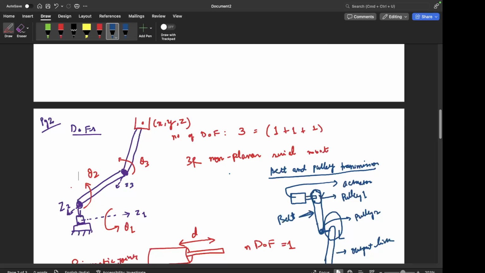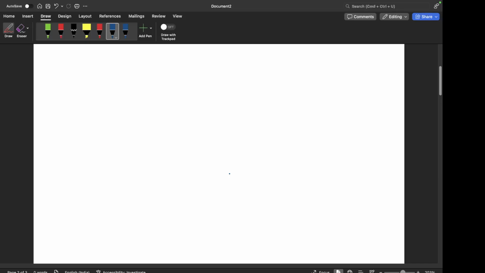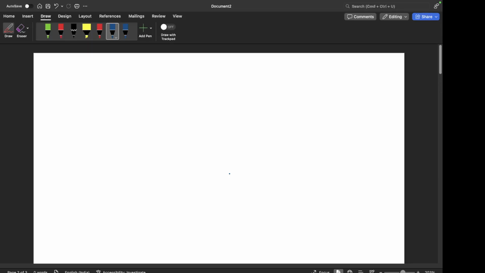But to make this robot more practical, useful, or safe, what we need is sensors, right? After actuators, the most important component of the robot is sensors. And you can always take an analogy from your own body.